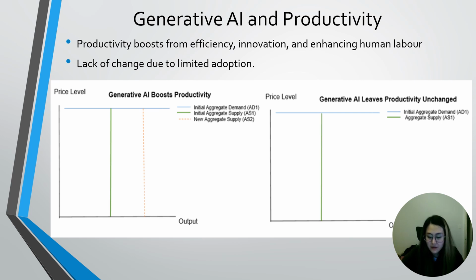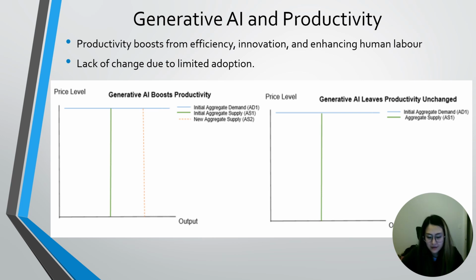The increased productivity shifts the aggregate supply curve to the right, leading to higher economic output and a lower price level. As depicted in the first diagram, efficiency gains reduce production costs, innovation creates new products and services, and labor augmentation enhances workers' productivity, all contributing to increased output.